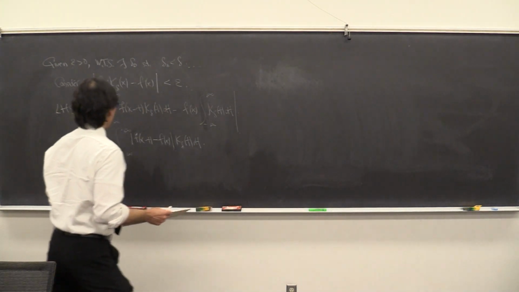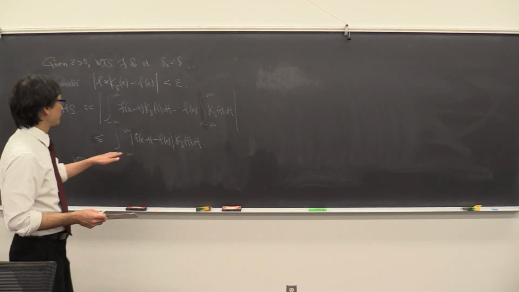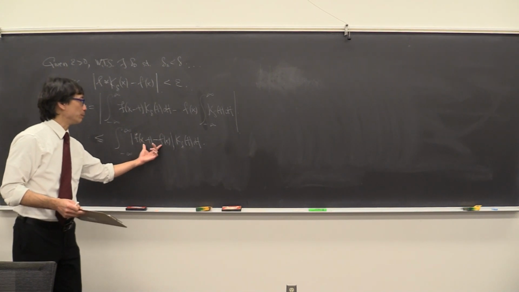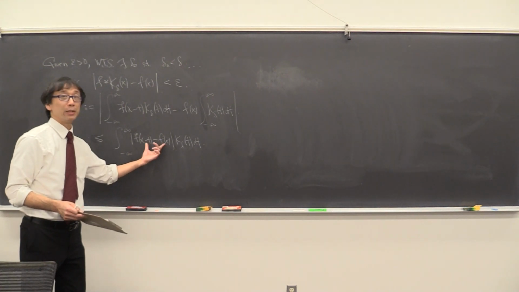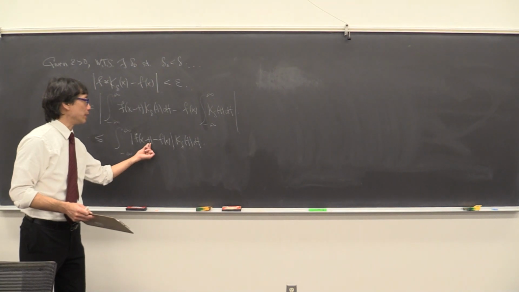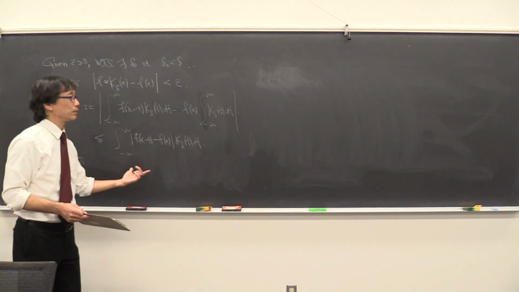Okay, so what we do is we say, well, look, we've got this integral over t, and these terms, the places where you evaluate them, differ by t. So as long as t is small enough, we can control the size of this difference, right?